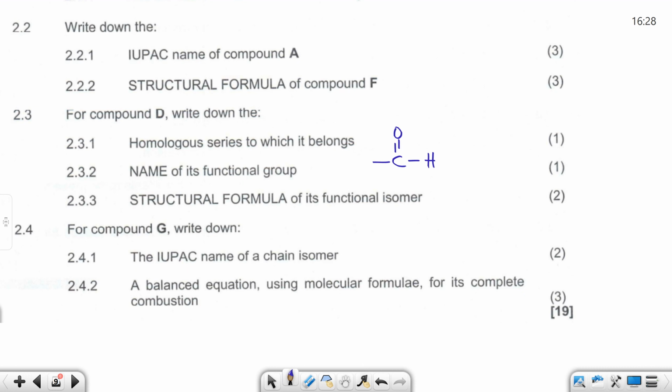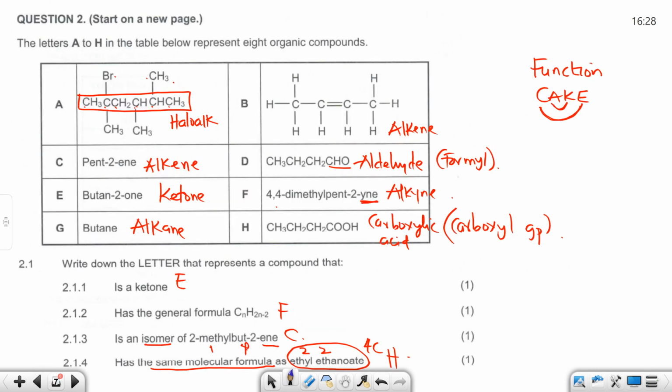If it's for a ketone, let me write the functional group. A functional group is C double bond O, which is a carbonyl. Please take notes. There's a carboxyl. There's a carbonyl. A carbonyl is the CO. A carboxyl is the COOH because of the word carboxylic.